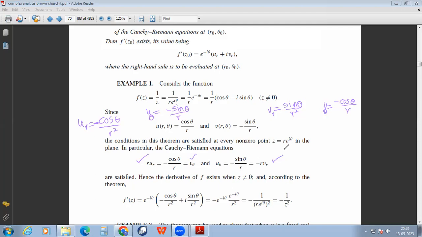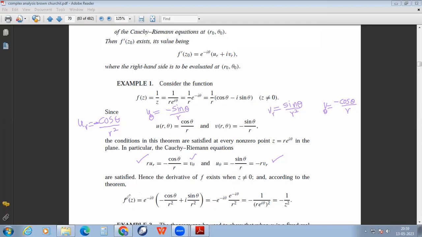Got it? Yes. So these are the Cauchy-Riemann equations. And as far as r and theta are concerned, these partial derivatives will always exist and they are continuous. So the first two conditions get satisfied. The Cauchy-Riemann equations we have just shown. So the third condition is also satisfied.